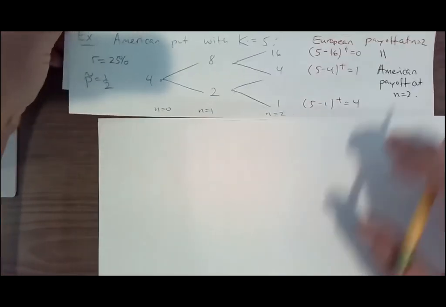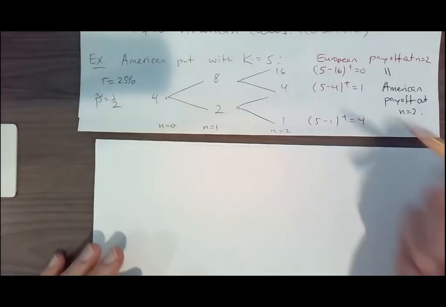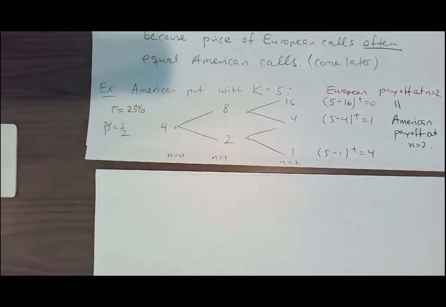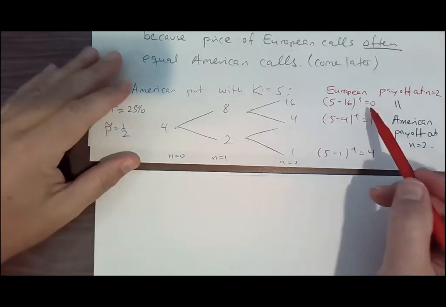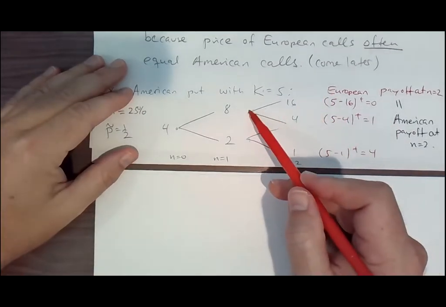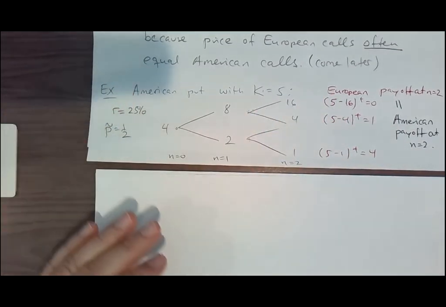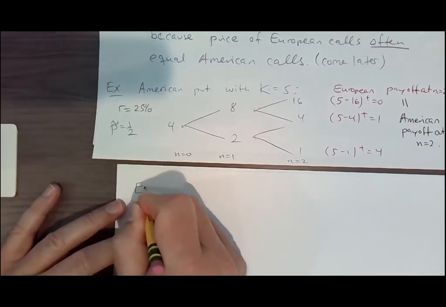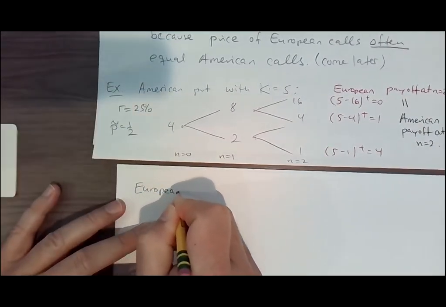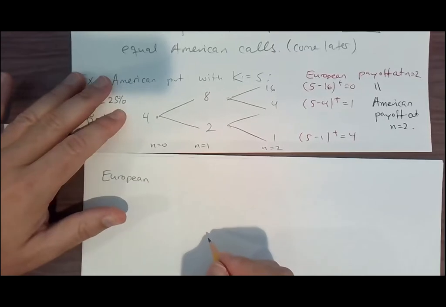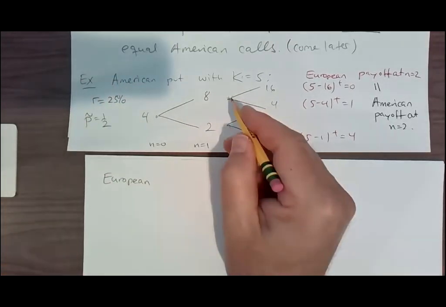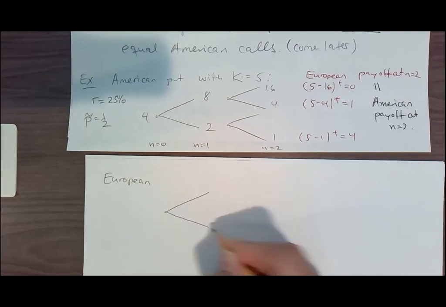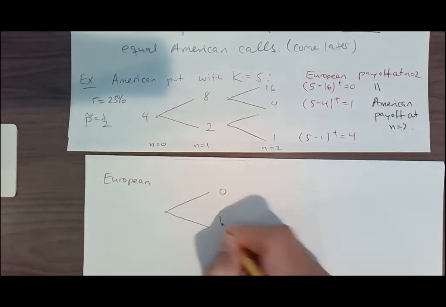And then how would we go about pricing the European one? Well, this is what you guys are good at this point, right? You take the payoffs and then you move them back one node. So if you look at the European one, I want to know what to put here. I want to know what to put here. So we have the payoff at the end is 0 and 1.